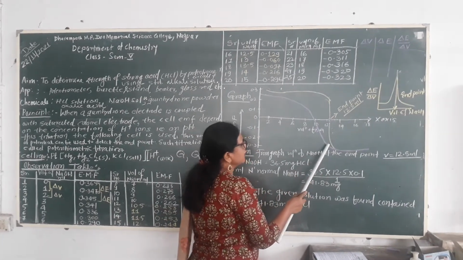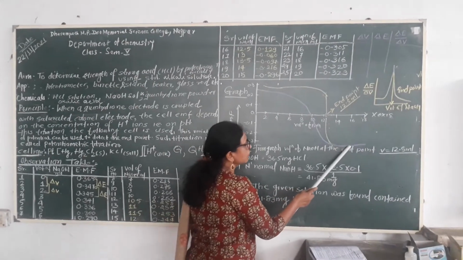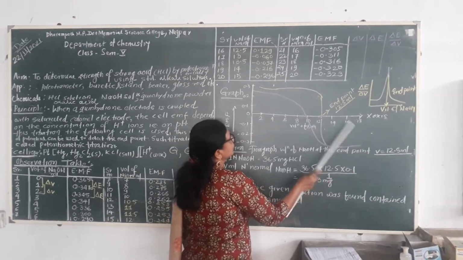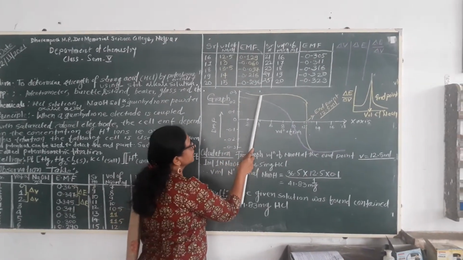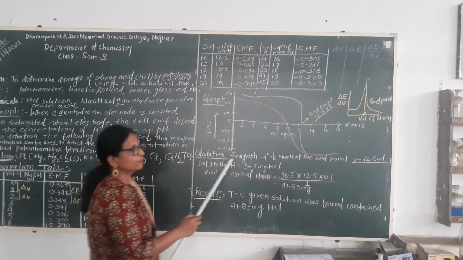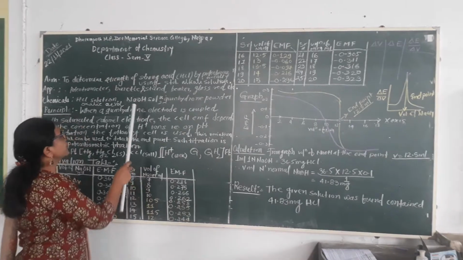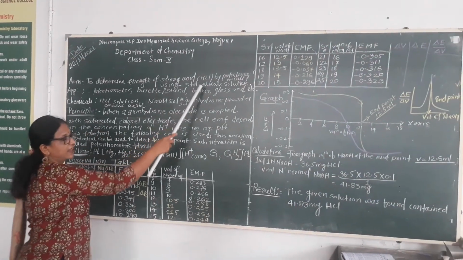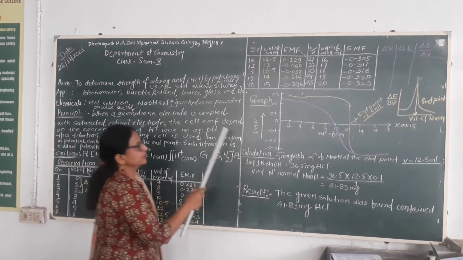And at this point again there is a slow decrease in EMF. So the nature of the graph is like this: a decrease, then a faster decrease, and then a slow decrease. This is the nature of the graph for strong acid versus strong base. Here we are using a strong acid, that is HCl, and the alkali we are using is strong NaOH solution.